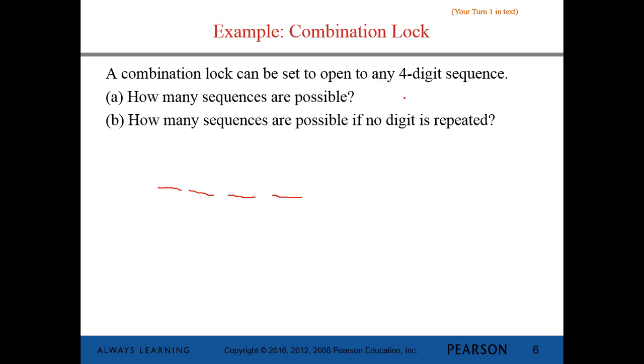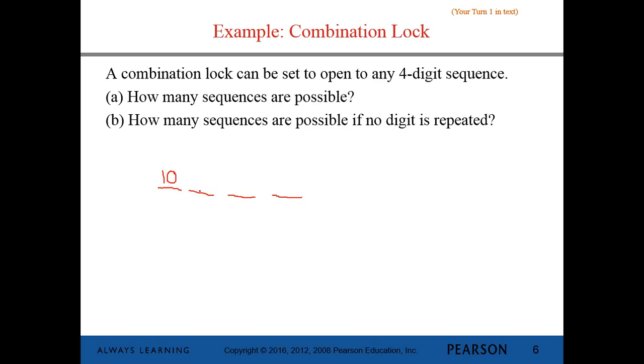Well, these are numbers. I can have any number from 0 to 9. So there are 10 that I can choose from for this one. So I can choose a 0 to 9 for this position.